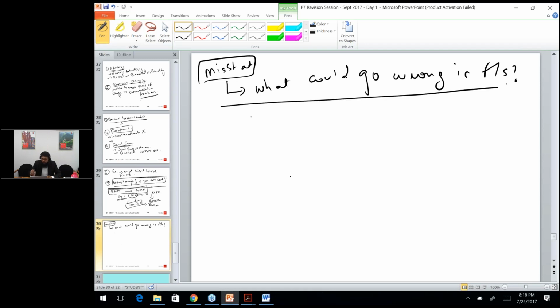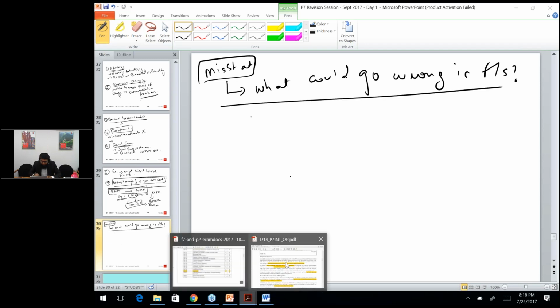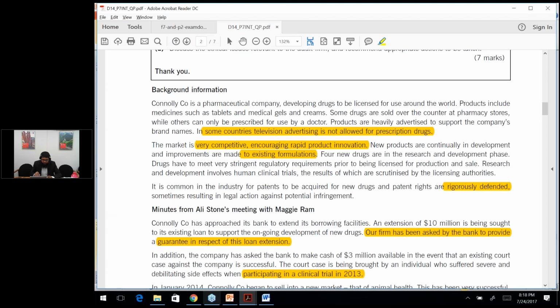Now see how. In this scenario, it says Connolly Pharmaceutical Company, the drugs to be licensed for use around the world. Products include medicines such as tablets, gels, etc. The market is very competitive. New products are continually in development and drugs are made to existing formulation. 4 new drugs are in the research and development phase.